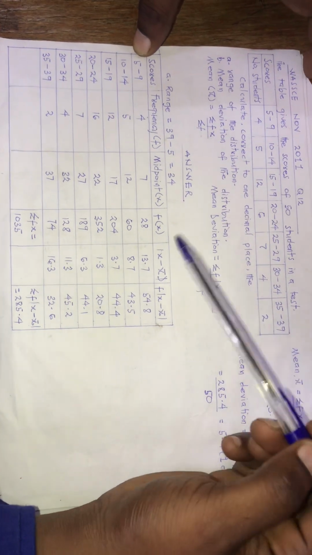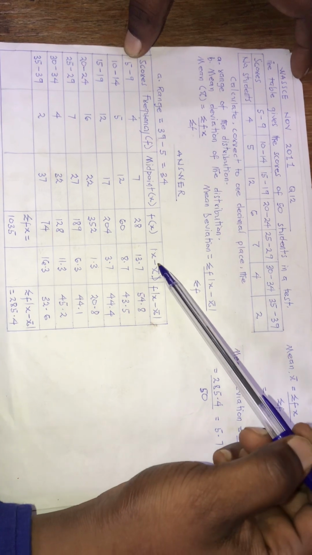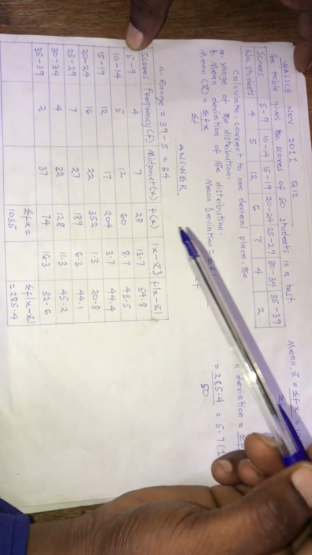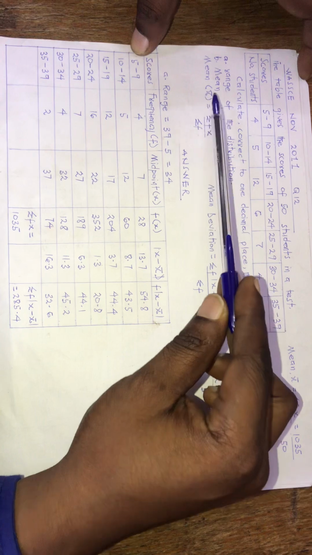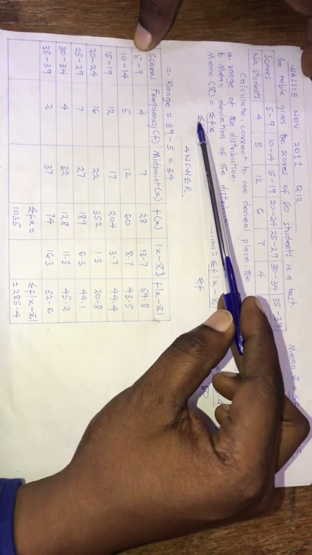The next thing is to find the absolute value of x minus the mean. Before we can get any value here, we first need to calculate our mean, which is the summation of fx over the summation of f.